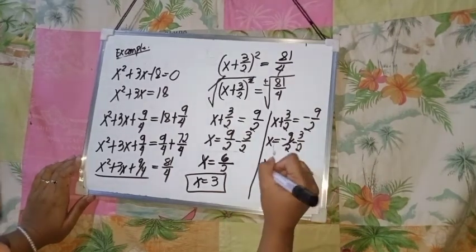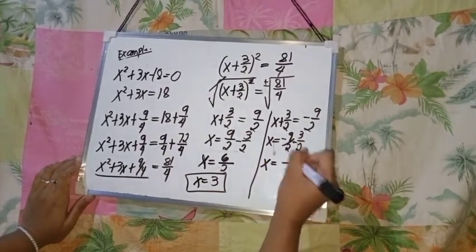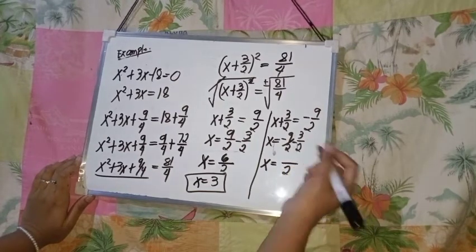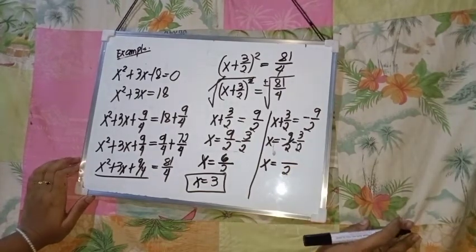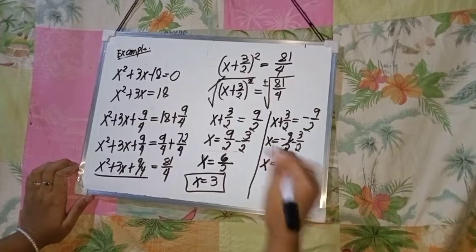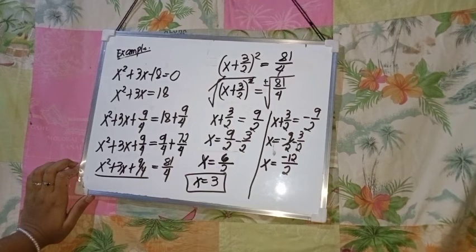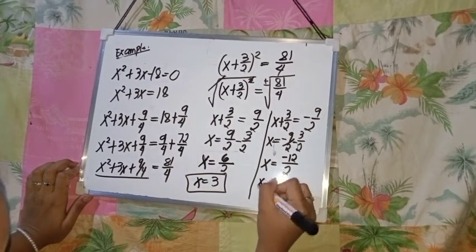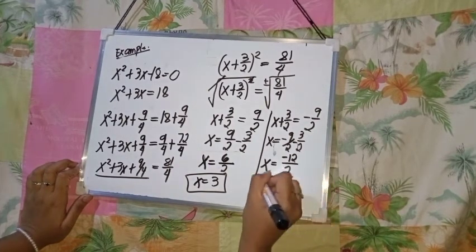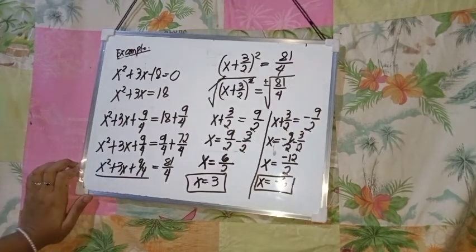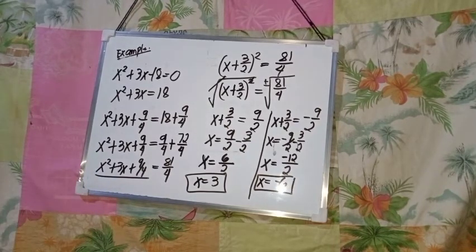Copy the denominator because they are the same. Negative 9 minus 3 is negative 12. So negative 12 divided by 2 is equal to negative 6. So the values of our x here are positive 3 and negative 6.